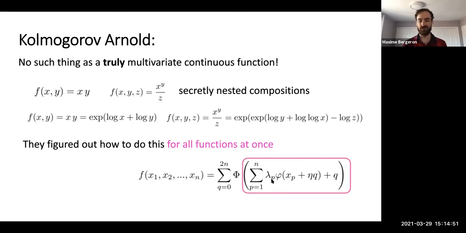Lambda p is a set of constants, which once again depends on the dimension. And q is just a summation index. And eta is one fixed number. Basically, this inner piece does not depend at all on the actual function f. And then they have one extra nonlinear function, big phi, summing it all up, and they can actually get equality on the nose for any continuous function.